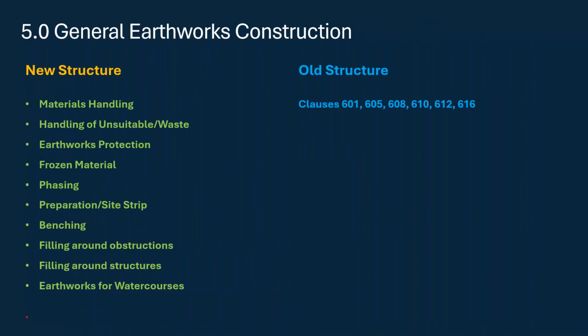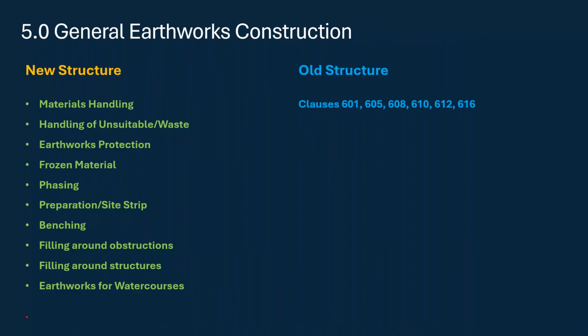Okay, now moving on to chapter 5, which is a very useful chapter. It's really called General Earthworks Construction, but effectively it covers all the site management items and site operation. Something which was really a bit lacking in the old specification. There were bits and pieces in numerous other clauses, but it didn't really cover it as a whole.